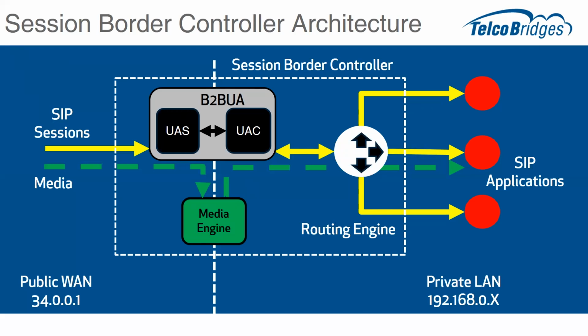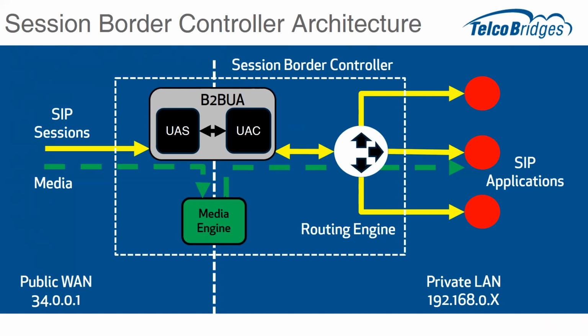Essentially what's happening is a SIP session comes into a session border controller, and it terminates the session. It actually responds to the SIP messages and terminates it, and then converts the session into a series of states, which the back-to-back user agent can then make intelligent security decisions about.